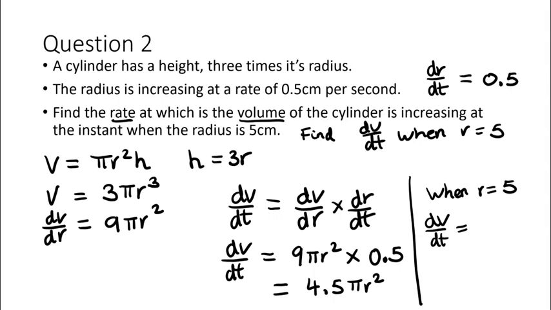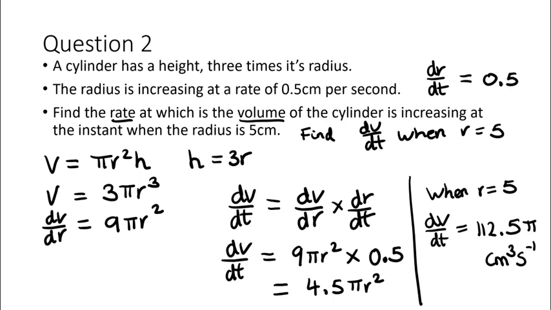When we do that, we get 112.5 pi. And if you wanted some units, it's the volume with respect to time. So this would be centimetres cubed, because our radius was in centimetres, and this would be per second. So your units would be centimetres cubed per second.